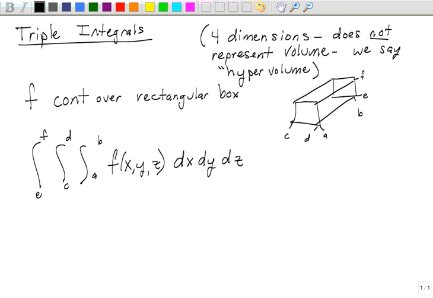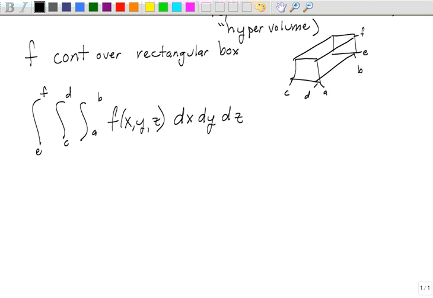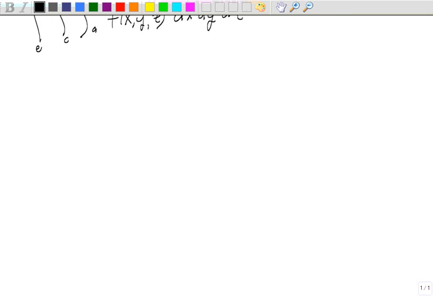Now, there are different cases. Case 1: in the xy plane, we'll have a region like this. Let's get away from the rectangular box. This is the x and y axis.